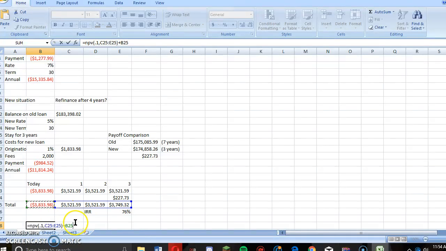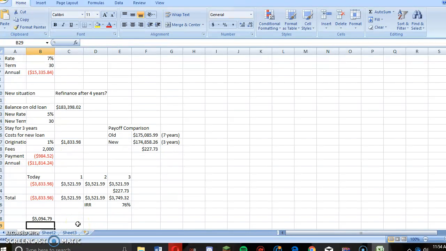Okay, so this is our net present value, and it's a positive one, which basically means that we should actually make this decision because it's a positive thing for all of it.